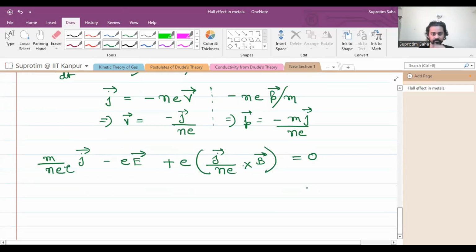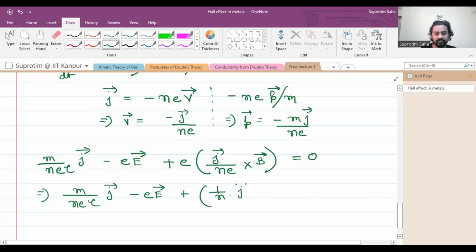Fine. So let me just simplify: m by ne tau J vector minus electronic charge e E vector plus, this e cancels out, 1 by n times J vector cross B vector equals 0.